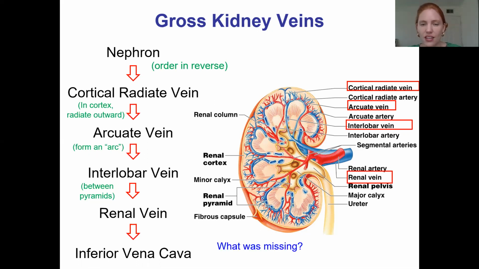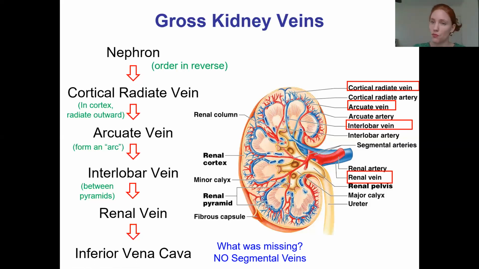That is the segmental veins. There are no segmental veins. Anything between here and all the way here is considered the interlobar vein. No segmental veins, just segmental arteries.